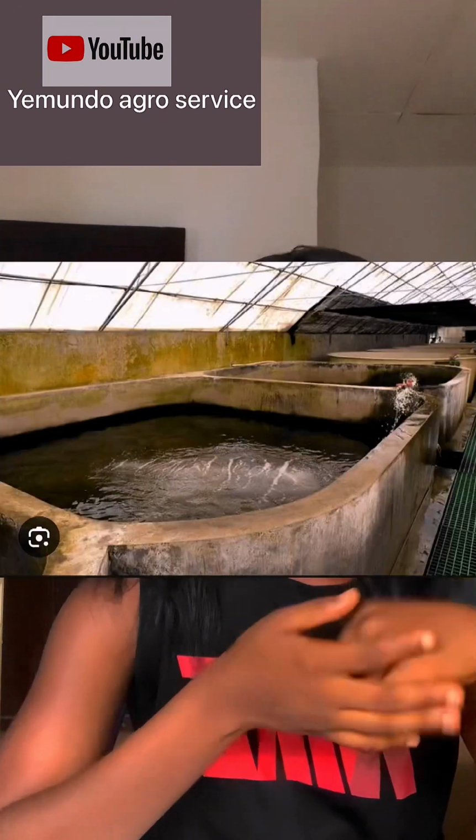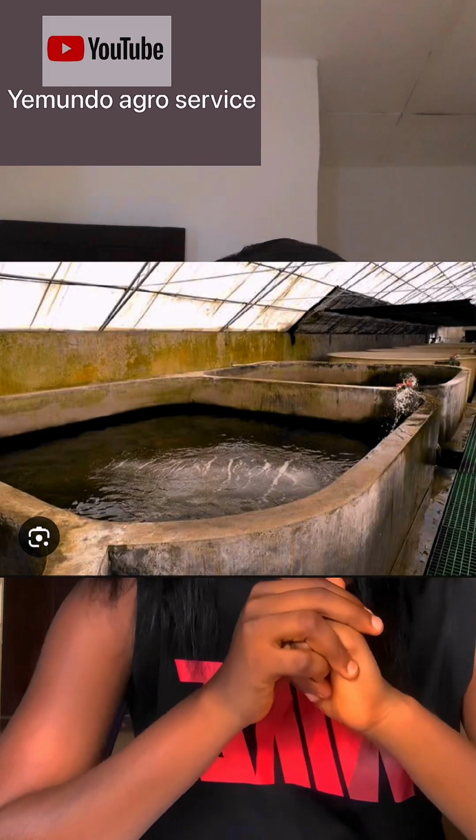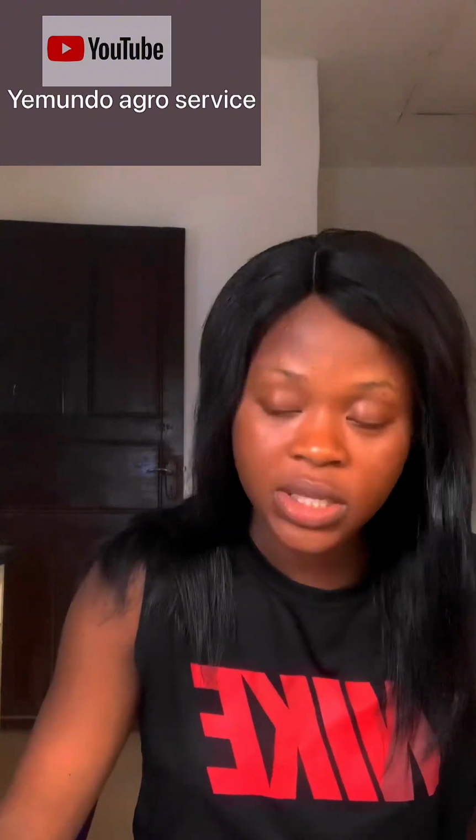Then when you talk of the concrete pond, it is made of cement. It's quite expensive, but the advantage is that you can manage your fishes. It's easy to wash, unlike the earthen pond where you don't know what is happening in there. For the concrete pond, you can control the water quality and quantity.